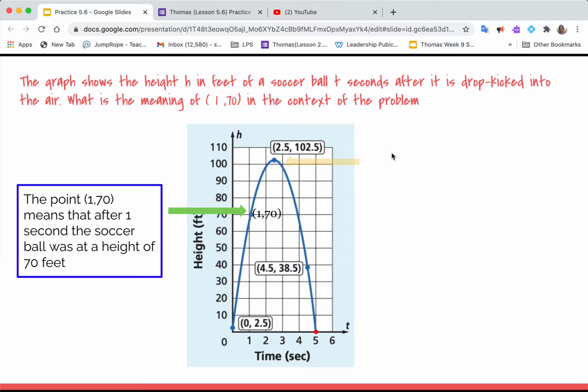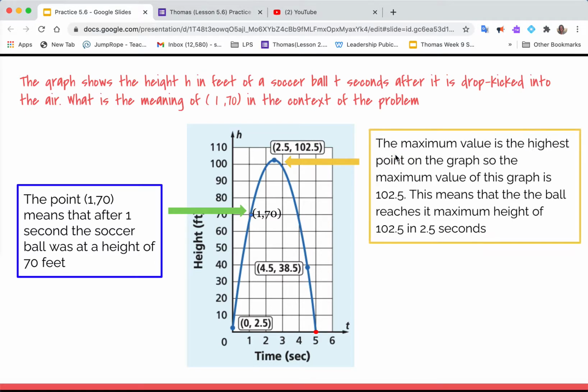So in this case, the highest point is the point (2.5, 102.5). And what that means in this context is that it's the maximum point on the graph, it's the maximum value, and it means that the ball reached its maximum height, or highest point, at 2.5 seconds, and that was 102.5 feet.